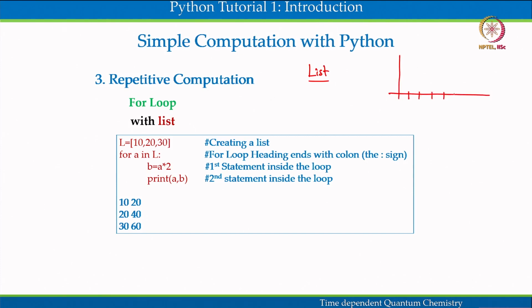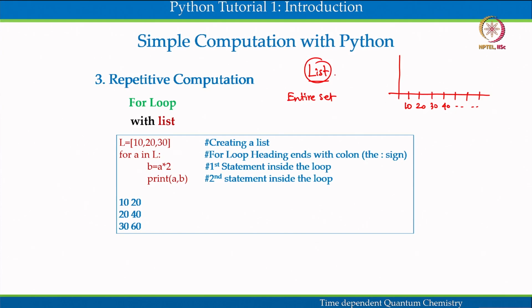If we look at the x-axis, we can have 10, 20, 30, 40, this way. We can have the values for x, and the entire set can be considered to be a list, a built-in Python feature.